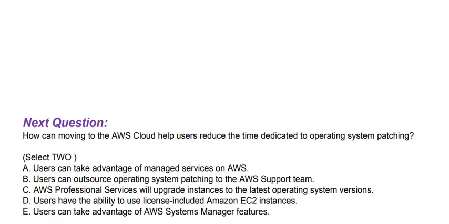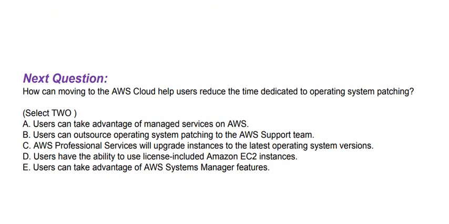Next question is, how can moving to the AWS cloud help users reduce the time dedicated to operating system patching? Select two options. Option A. Users can take advantage of managed services on AWS. Option B. Users can outsource operating system patching to the AWS support team.